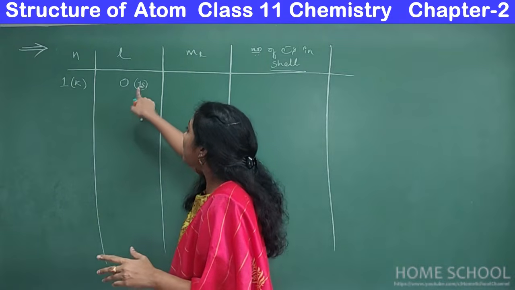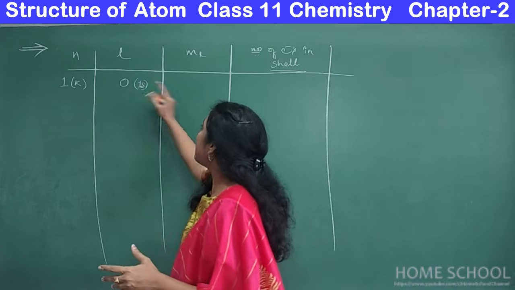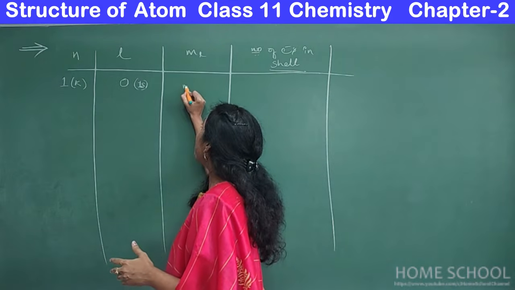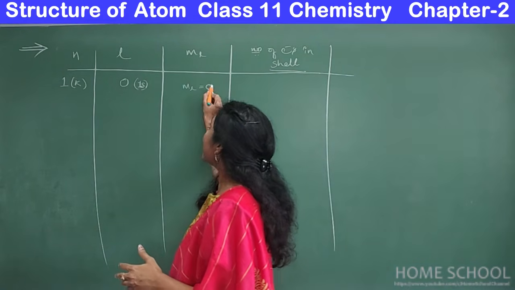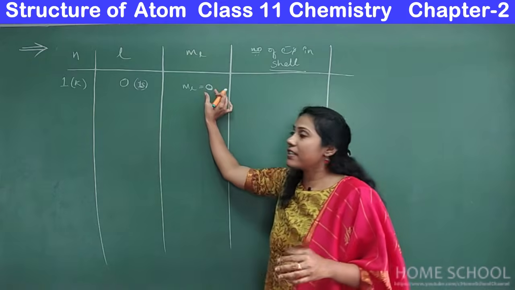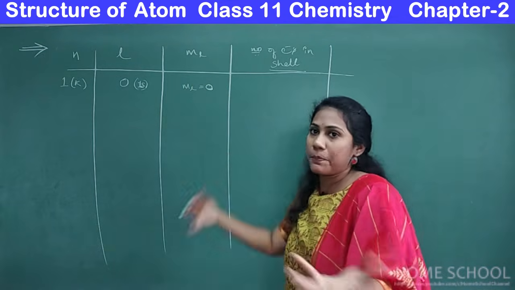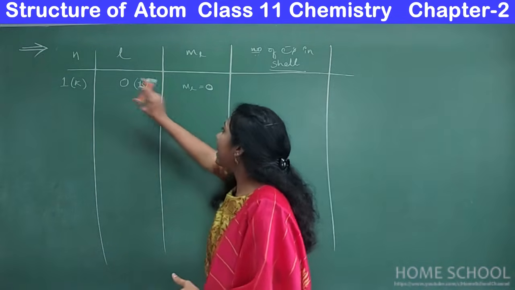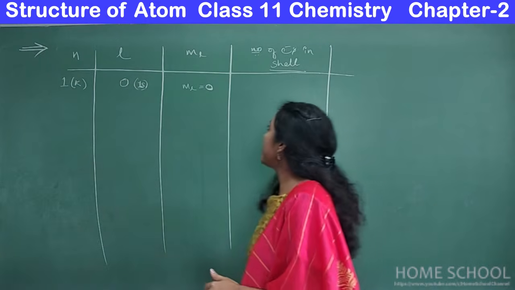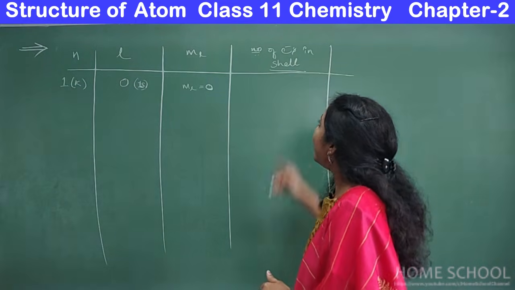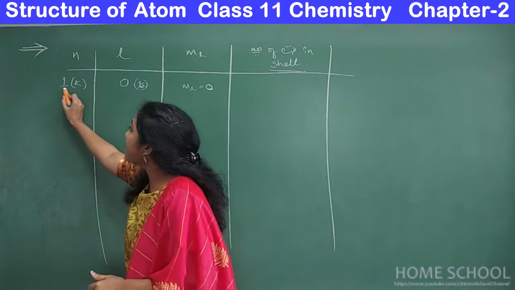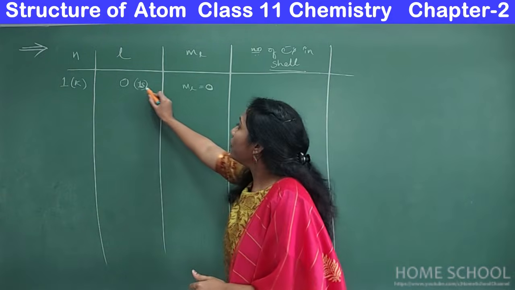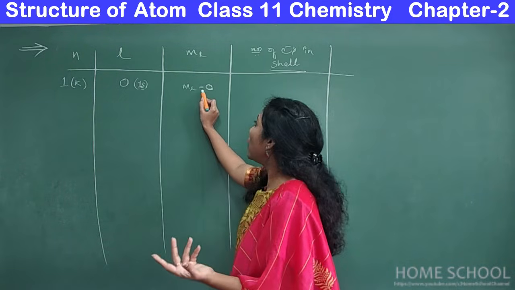And how many orbitals can be present in this subshell? There is only one. So ml value is equal to 0. 0 means it is one subshell, one orbital present in this particular subshell. And how many electrons can be present in this main shell? Only one subshell and only one orbital.